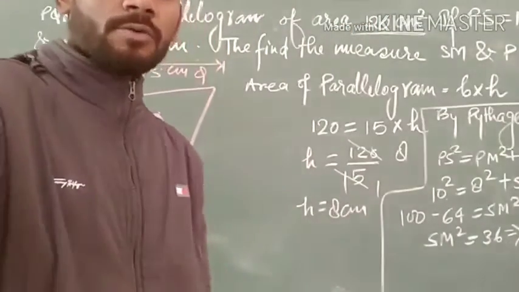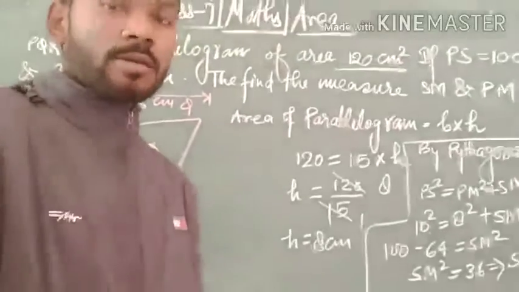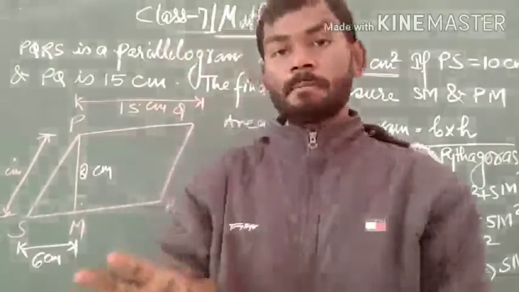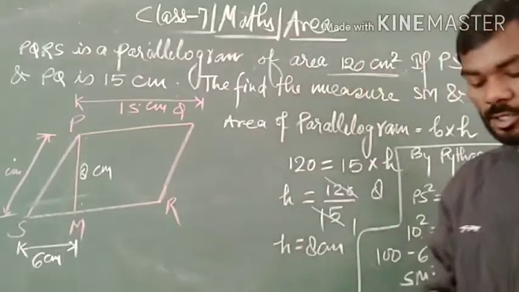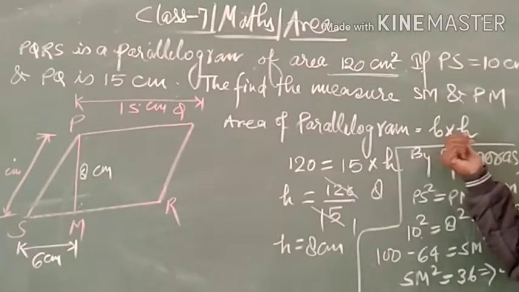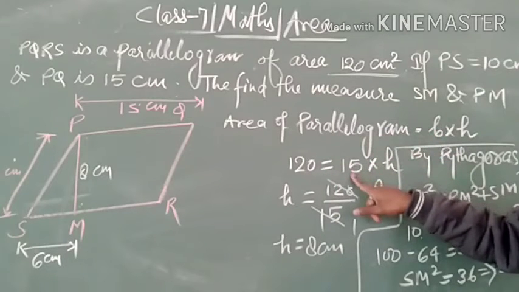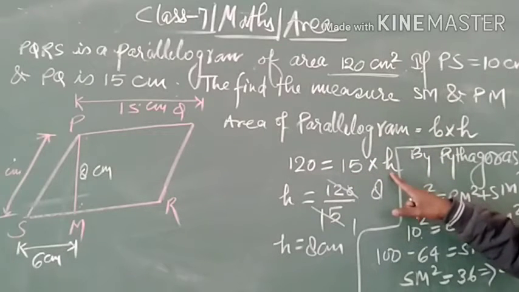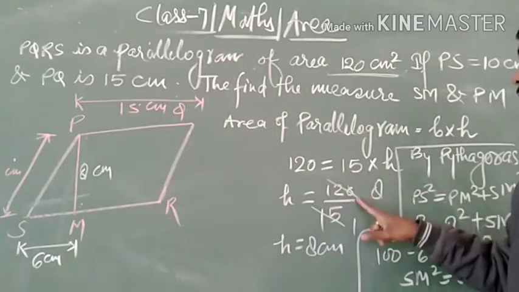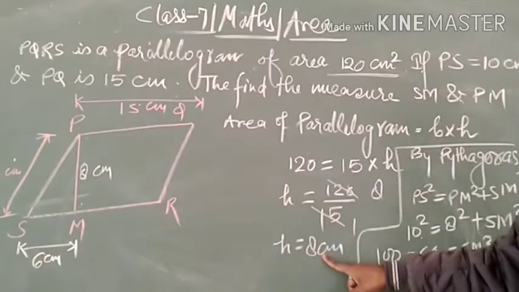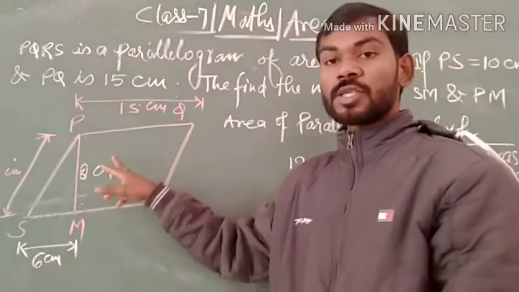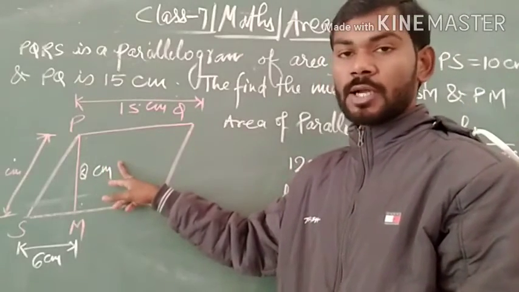We know that the area of parallelogram is equal to height into base. So area is given, base is given, height has to be found. When we solve it, we get H equal to 8 centimeter, which is the height of the parallelogram.